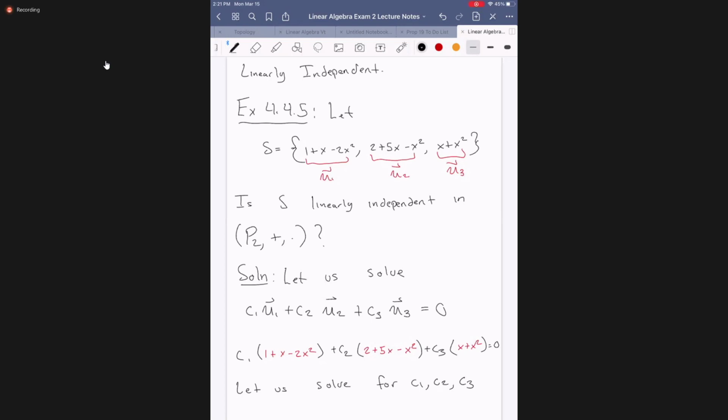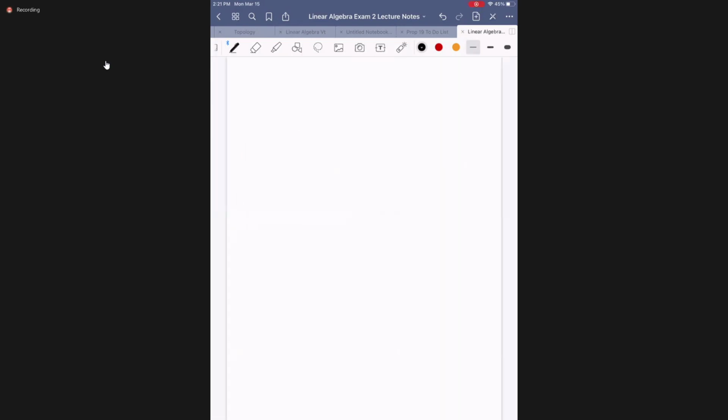So recall that if we have ax squared plus bx plus c, and dx squared plus ex plus f, and they satisfy ax squared plus bx plus c equals dx squared plus ex plus f, then this has to mean that a equals d, b equals e, and c equals f.